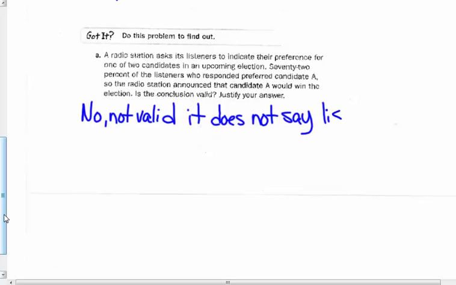It does not say listeners were chosen at random. I don't know how they were surveyed.